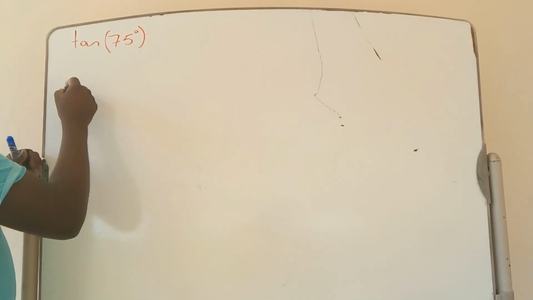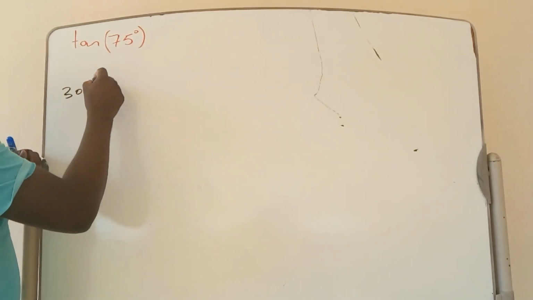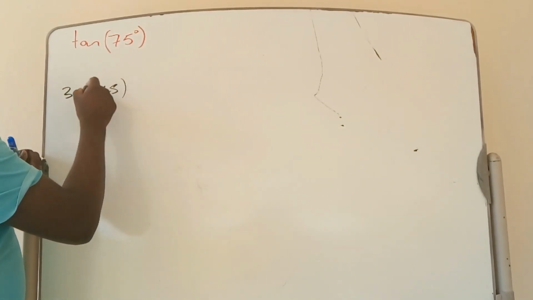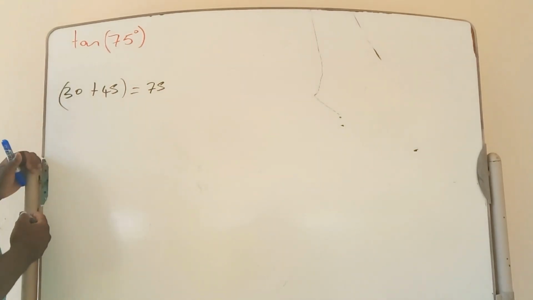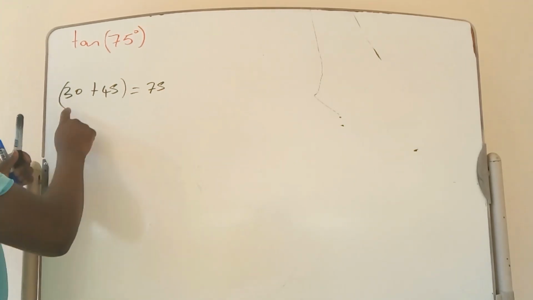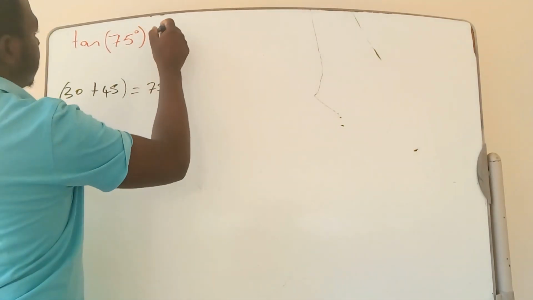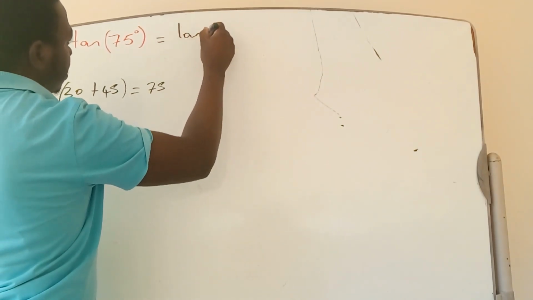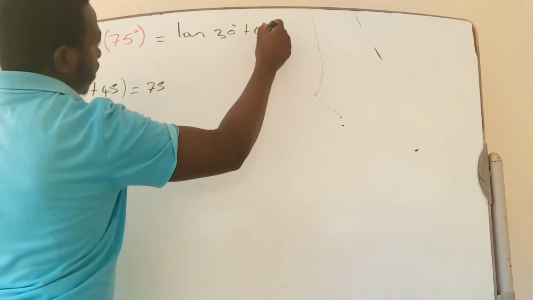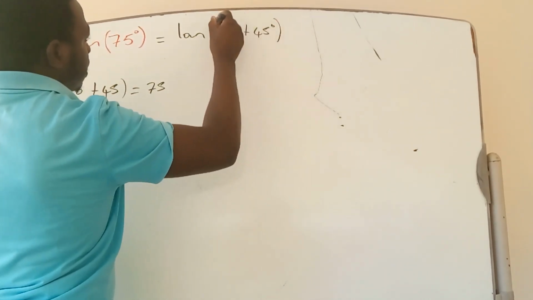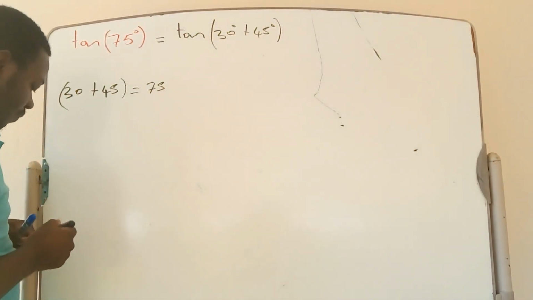If we have 30 plus 45, that's just 75, right? That's one way we can look at it. So, we're going to use these two angles. So this can be rewritten as tangent of 30 degrees plus 45 degrees. Agree with me there?